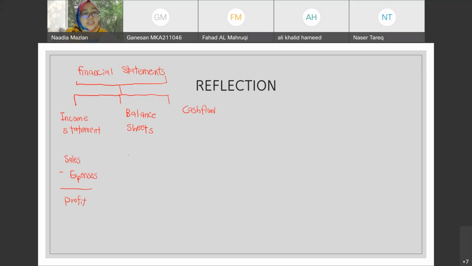In balance sheets, total assets equals current liabilities plus total liabilities, plus total equity.